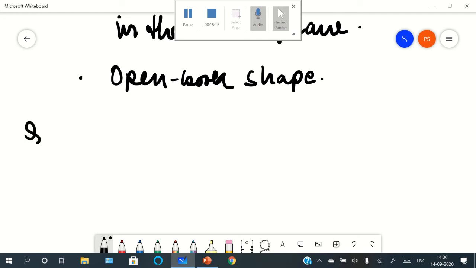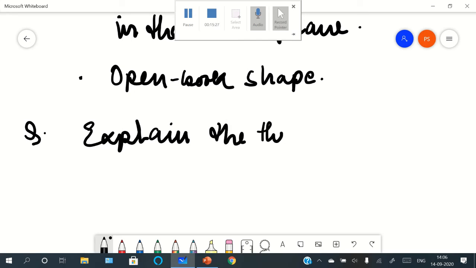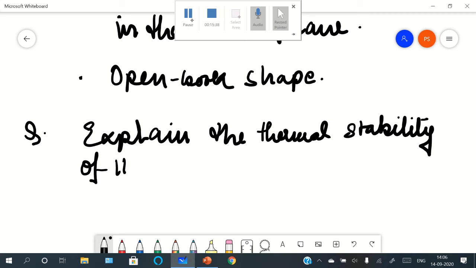The next question is: explain why the thermal stability of H2O2 is very low.